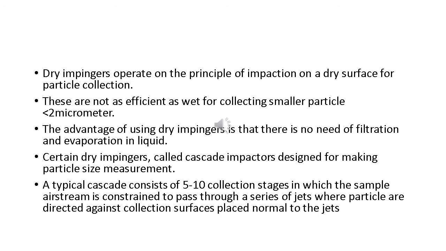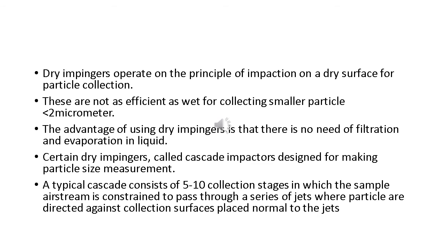Dry impingers are not efficient at collecting particles smaller than 2 micrometer. The advantage of dry impingers is that there is no need for filtration and evaporation in liquid. A certain dry impinger, called the Cascade Impactor, is used for making particle size measurements.